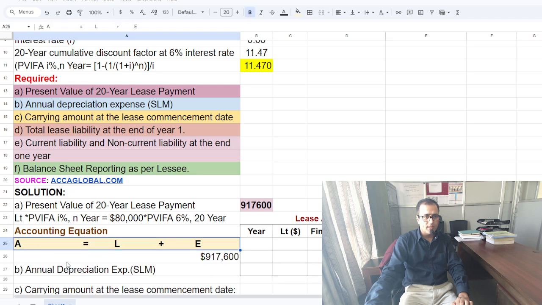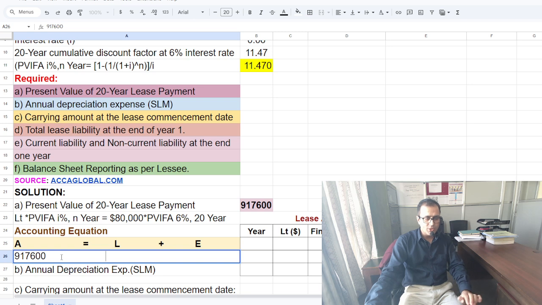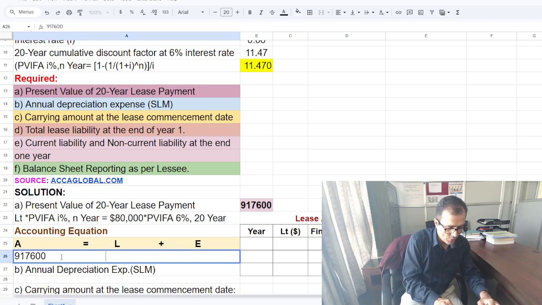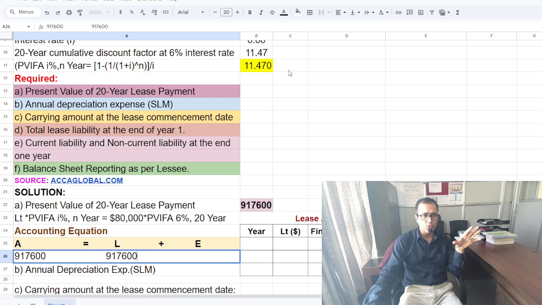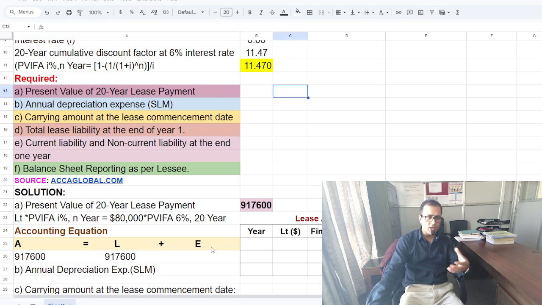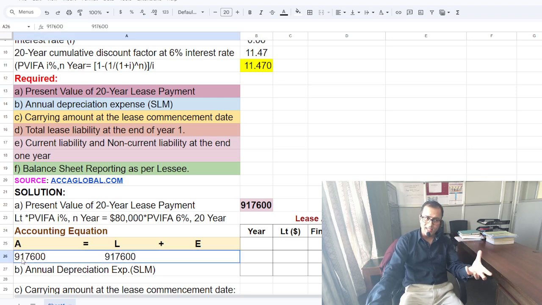For liabilities you use lease payable, and the value will be the same, $917,600. This way you could show your accounting equation. Remember friends, this is your lease asset and this is our lease liability. There is no effect on the equity part.